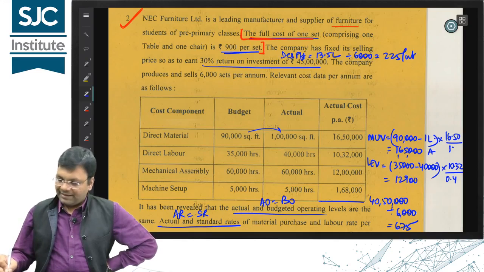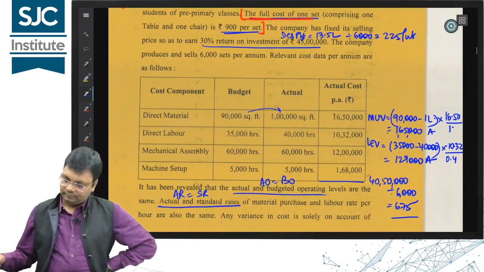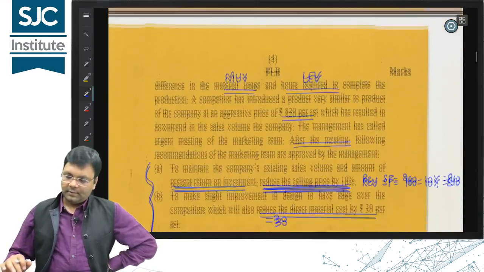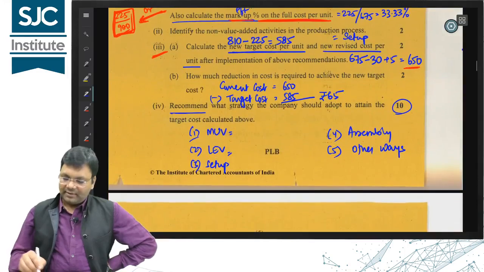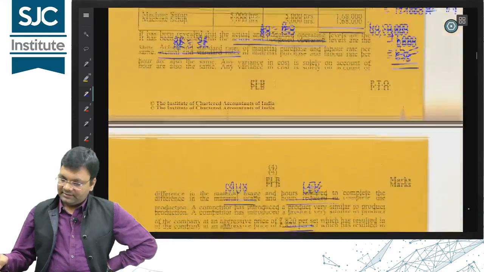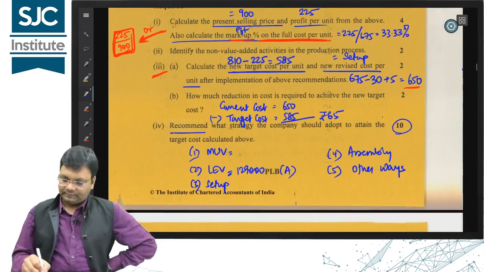So this is coming 1,29,000 adverse. Okay, so 1,29,000 adverse is this one, and MUV is 1,65,000 adverse.